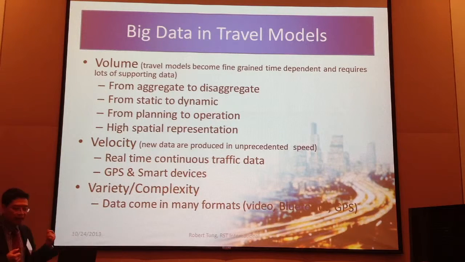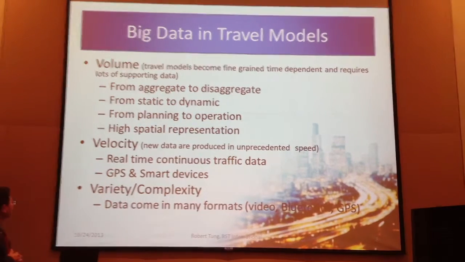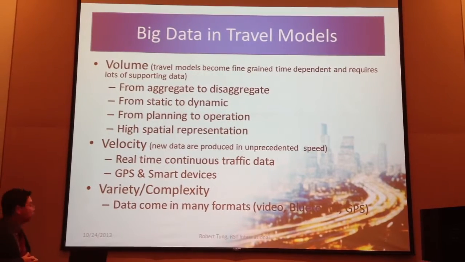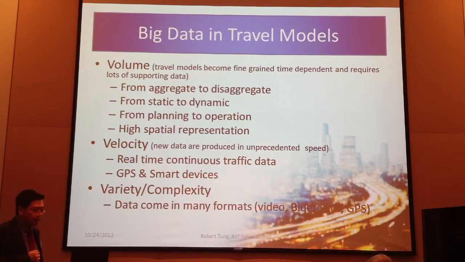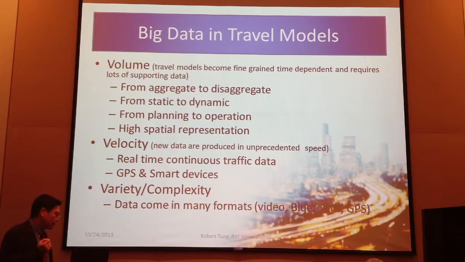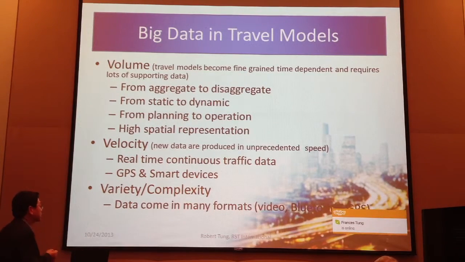So operations management has become a focus these days, and certainly will be in the future. And also the model will get bigger because the spatial resolution is getting much finer. It used to be that the model just sketched a stick network of nodes. But nowadays the network is represented just like the real street pattern based on GIS.